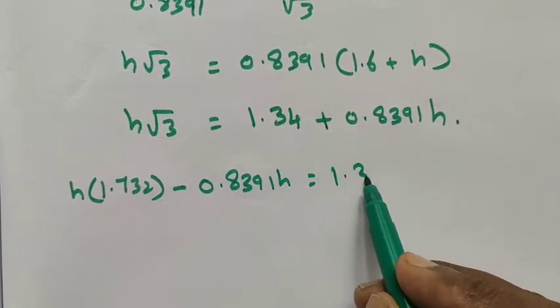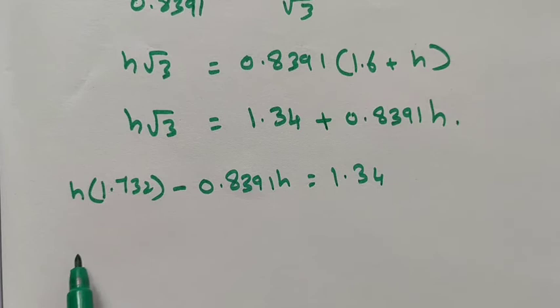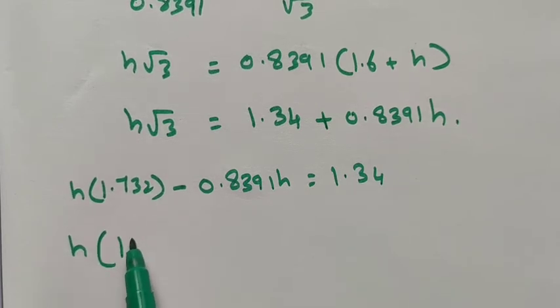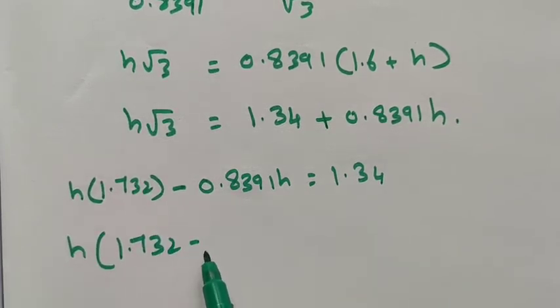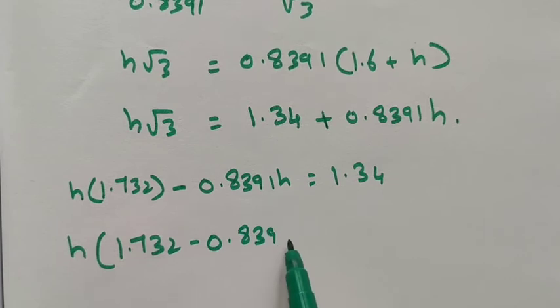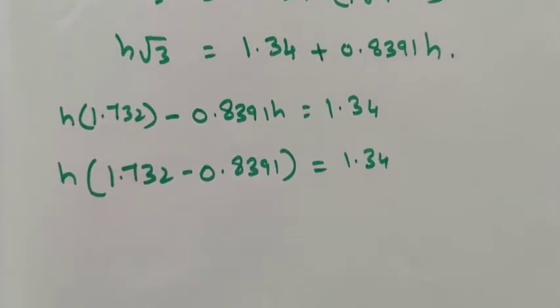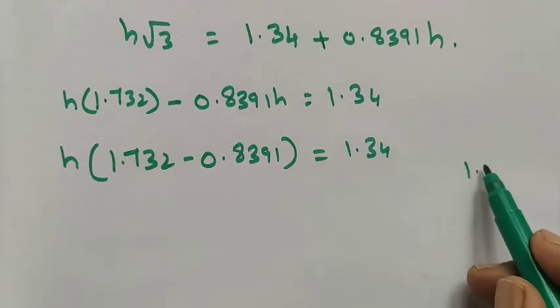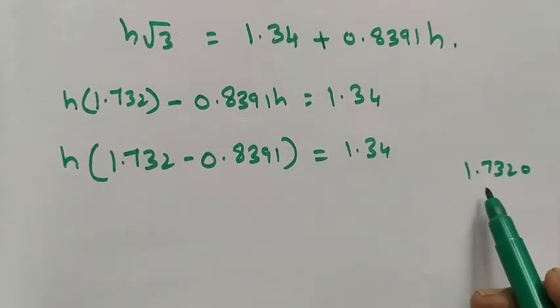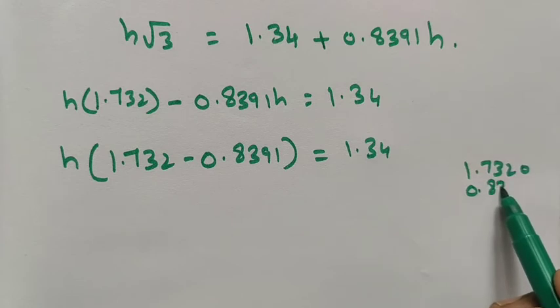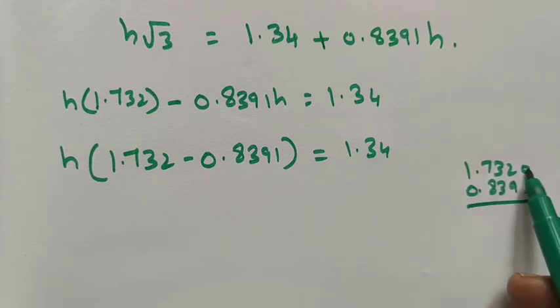H is equal to 1.34. Here H is the common term. I take it commonly outside. We get H times 1.732 minus 0.8391 is equal to 1.34. Now we have to subtract these two terms. That is 1.732 and the other term 0.8391. Here borrowing, 10 minus 1 is 9.